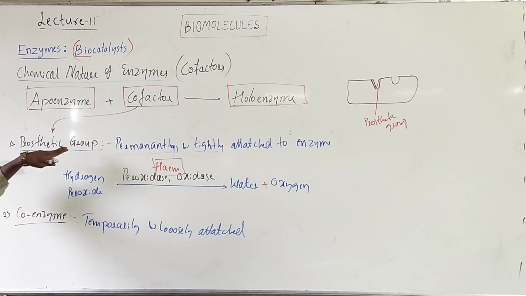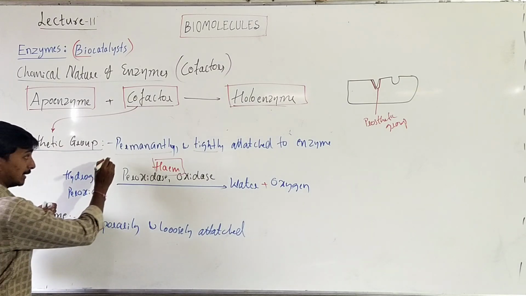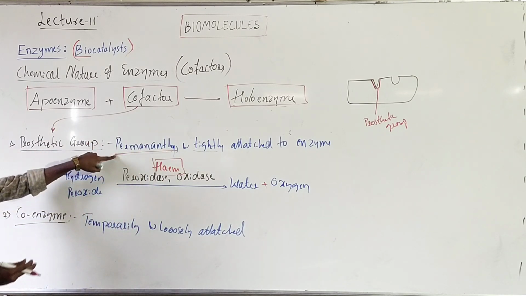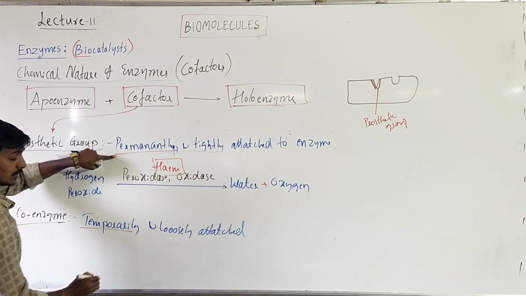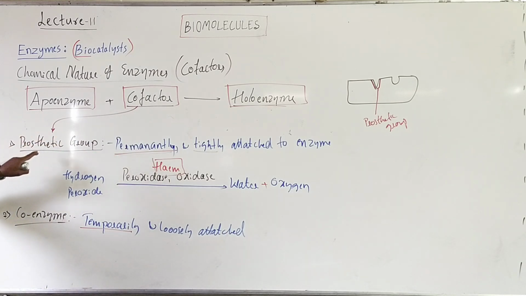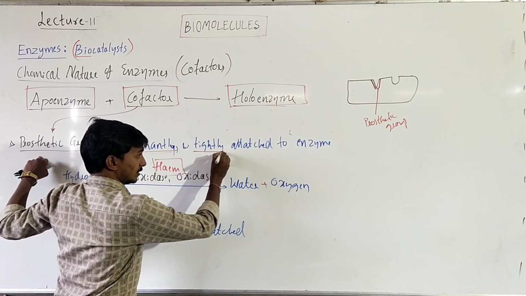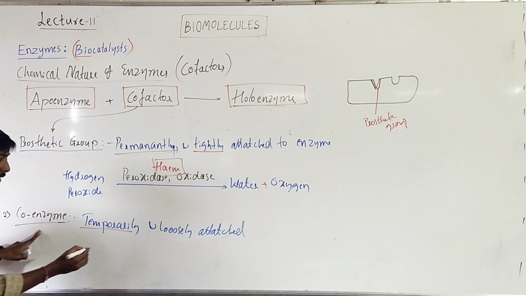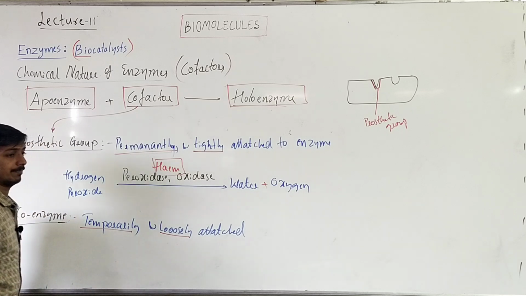So prosthetic group is permanently attached to the enzyme, while coenzyme is temporarily attached to the enzyme. Prosthetic group is tightly attached to the enzyme. Coenzyme is loosely attached to the enzyme.